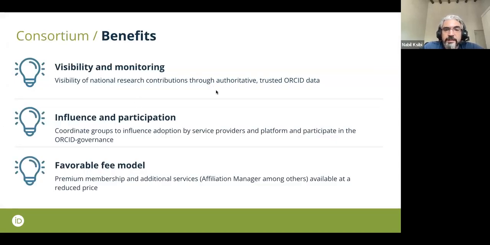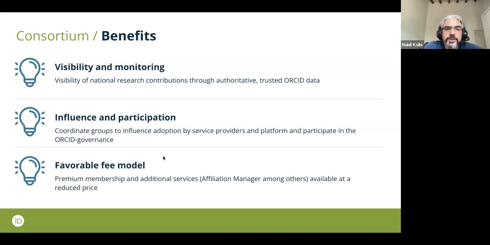The benefits of having a consortium at national level or for a community start, of course, with visibility and monitoring. The ORCID integration in general is bringing visibility to national research contributions through authoritative and trusted ORCID data assertions.